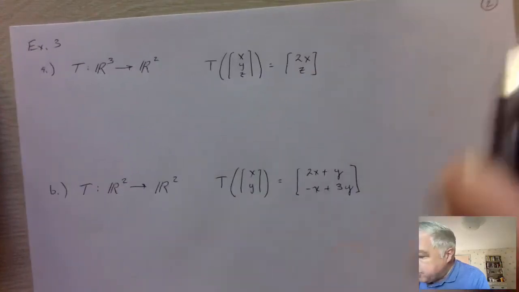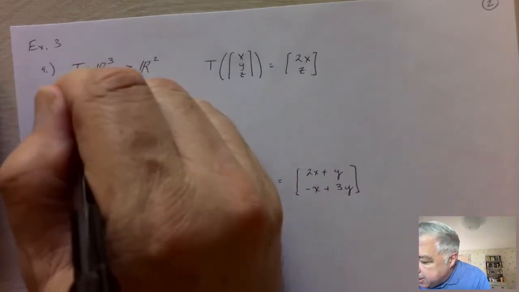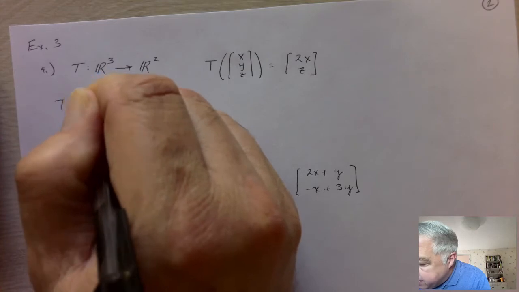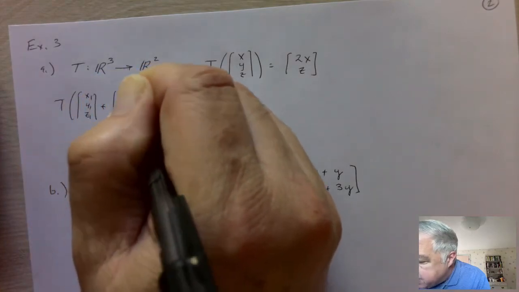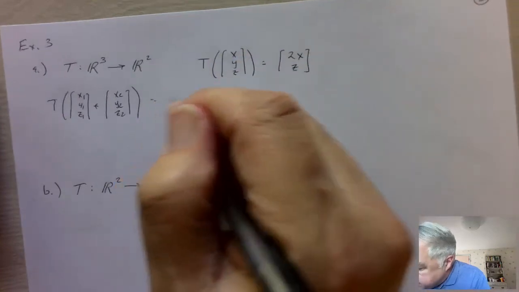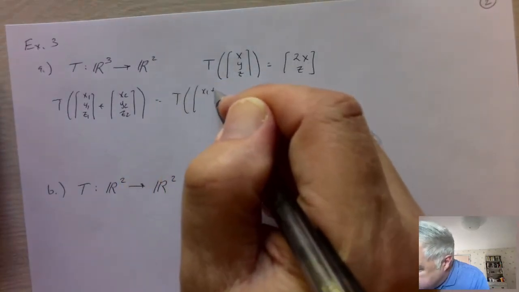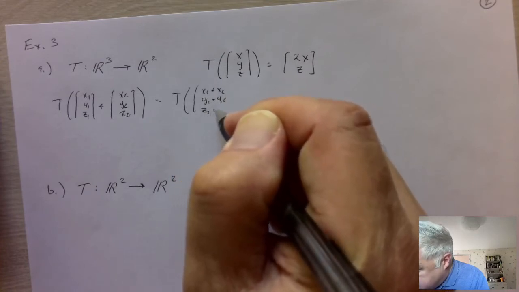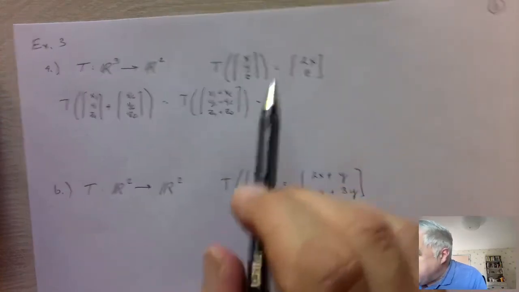It will still be a valid function, and we can see that T of, let's say, (x1, y1, z1) plus (x2, y2, z2) is T of the sum, and T sends whatever it is.